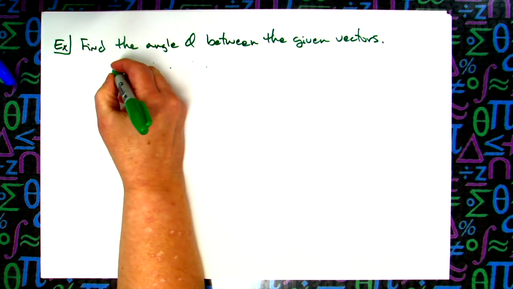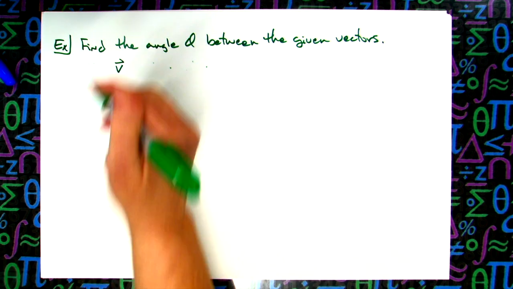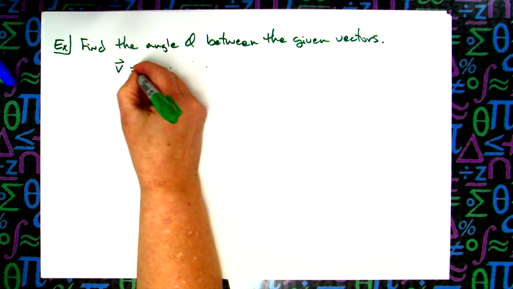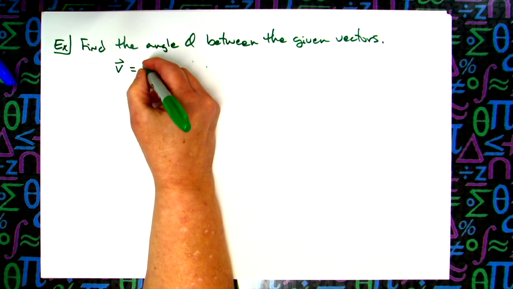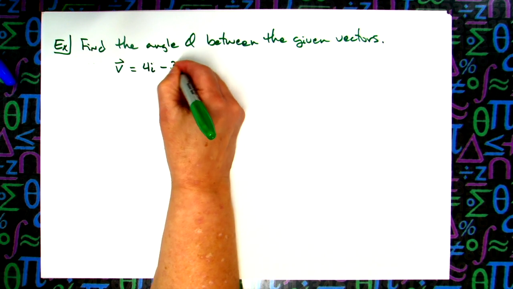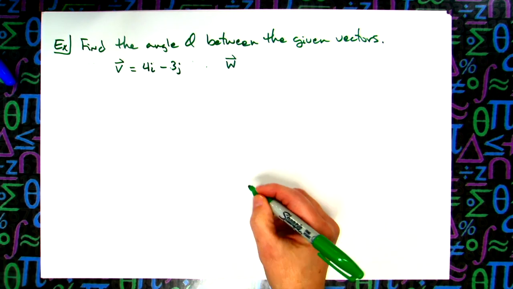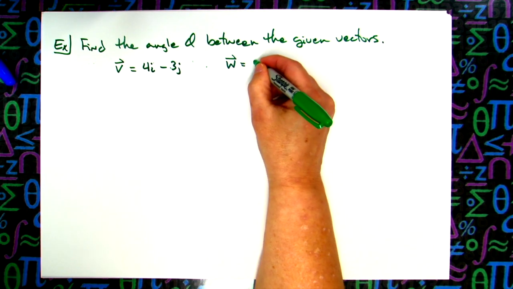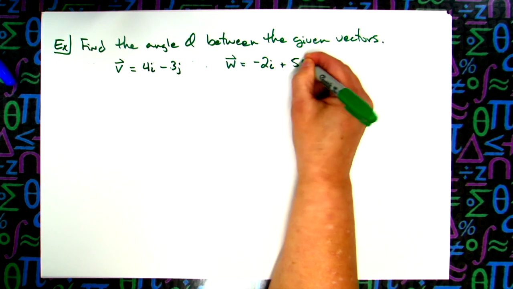So they'll give you 2 vectors. And again, for lack of creativity, I'll just call them v and w. Let's say our v vector is, really doesn't matter, 4i minus 3j. And let's make our w vector negative 2i plus 5j.